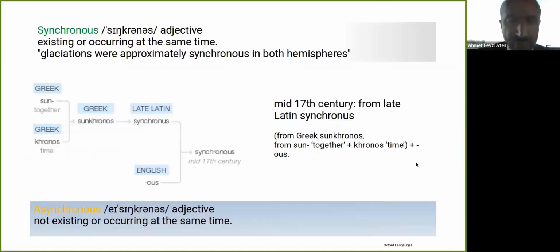By the way, before the course, I tried to understand the etymology of the word synchronous, and I went to the Oxford Language Dictionary. The word comes from Old Greek words sun, together, and chronos, time, and by adding the English suffix -ous, it becomes synchronous.